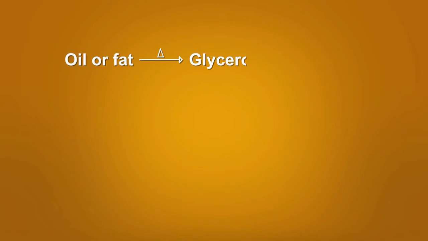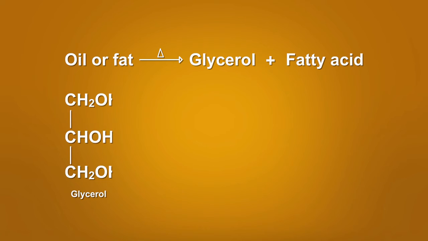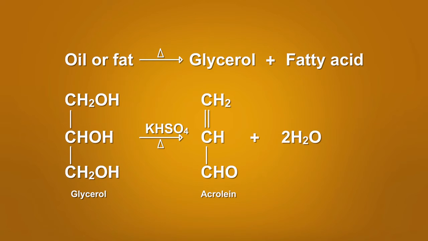When oil or fat is heated strongly in the presence of a dehydrating agent like potassium bisulfate, the glycerol portion of the molecule is dehydrated to form an unsaturated aldehyde, acrolein, which has a pungent irritating odor.